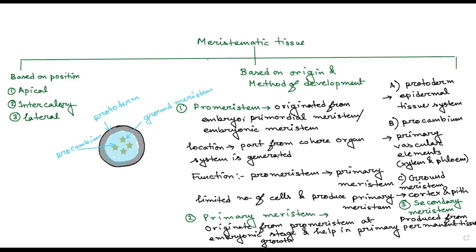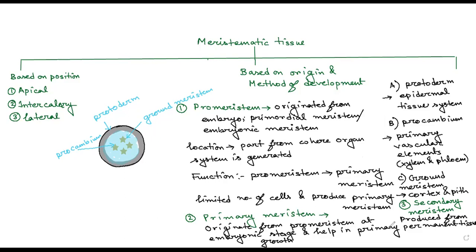And what is the location? The way promeristem is present in the embryonic stage only, where the organ system is to be generated, primary meristem is at the actively growing part of the plant. It is basically present everywhere.